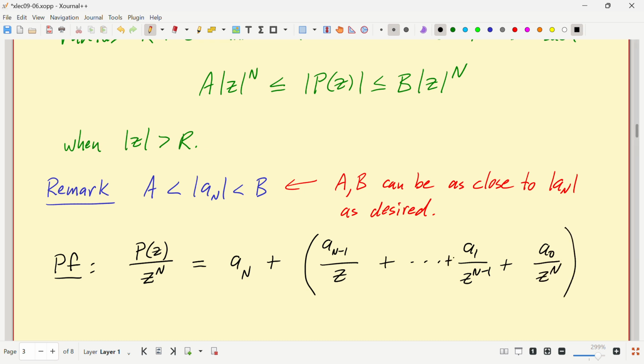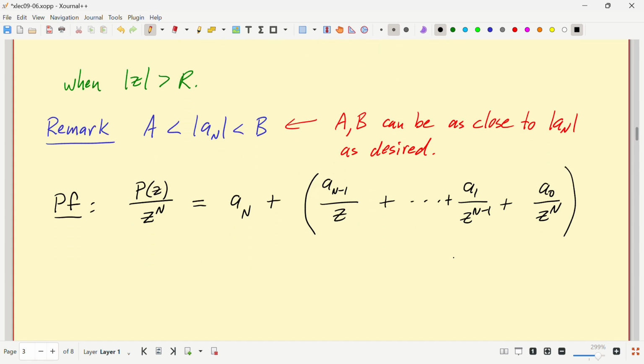And those z's in the denominator mean that that tends to 0 as z goes to infinity. So let's call this thing right here h of z. An important thing to note is that h of z goes to 0 as mod z goes to infinity.